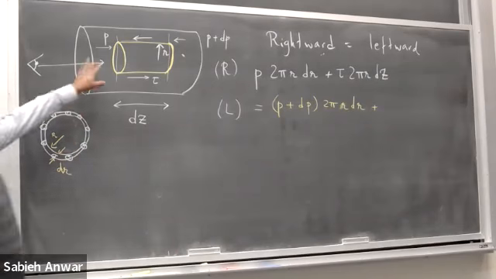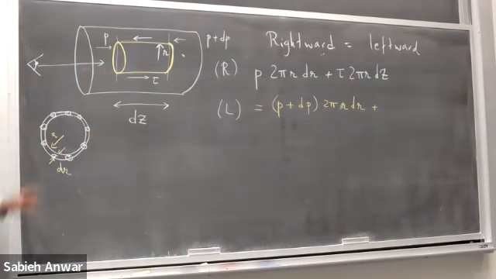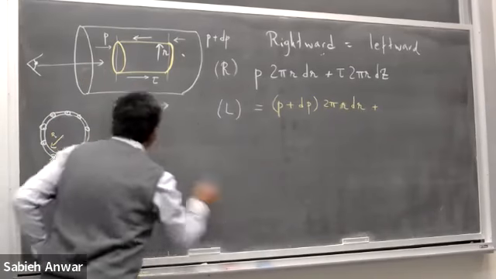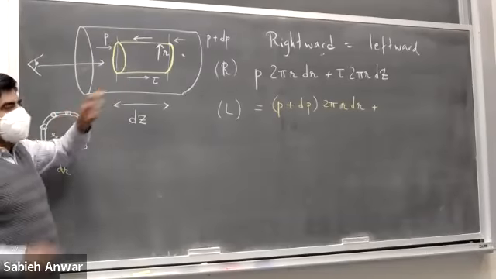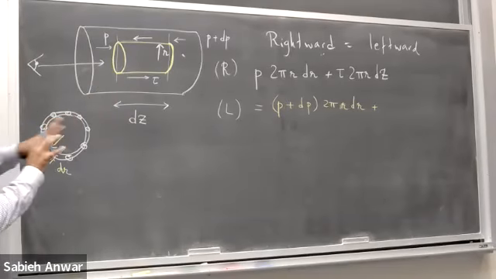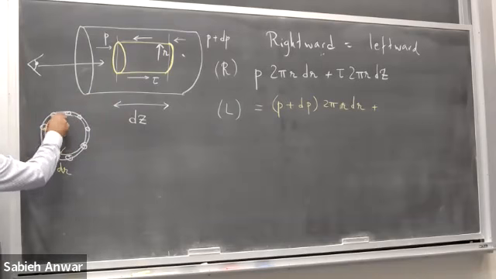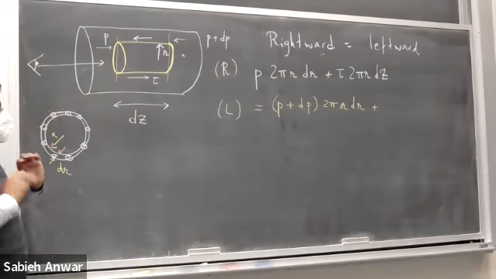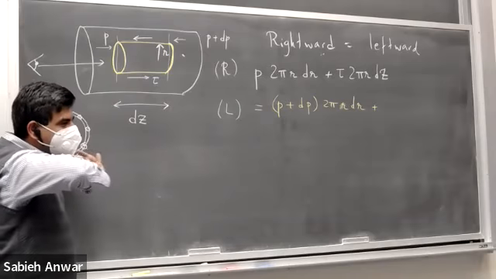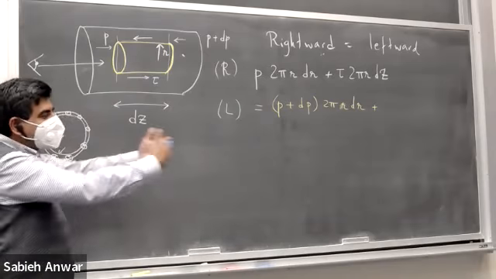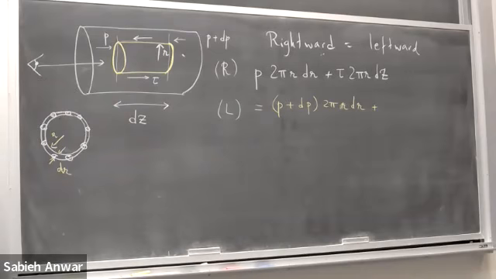if I look at this cylinder, let me draw your attention to this cylinder. If you look at this shear stress on the inner wall, we are assuming that the forces are acting to the right, and on the outer wall they are acting to the left.